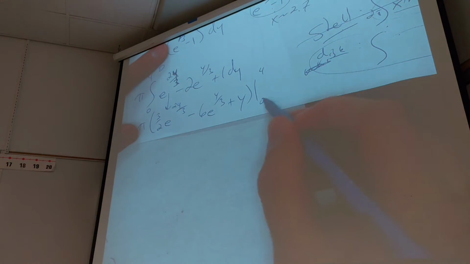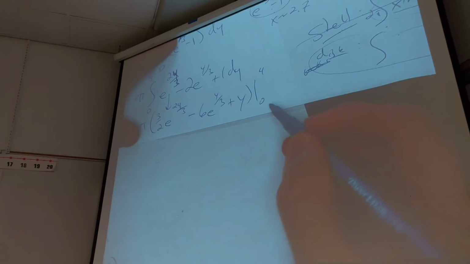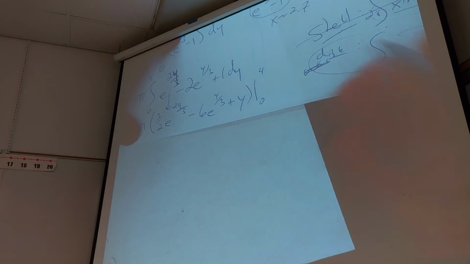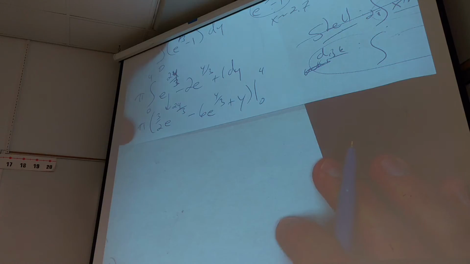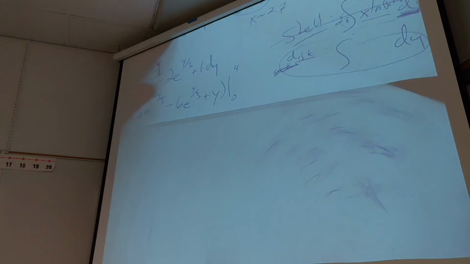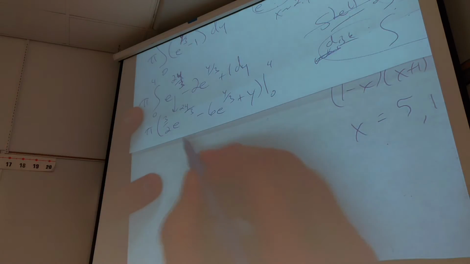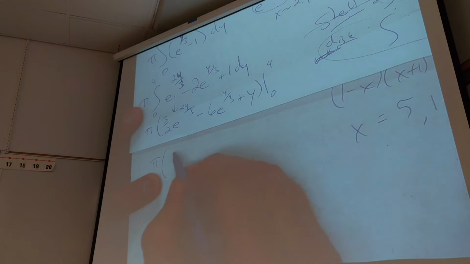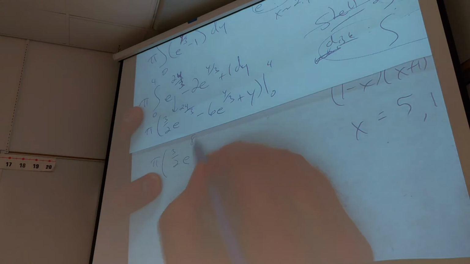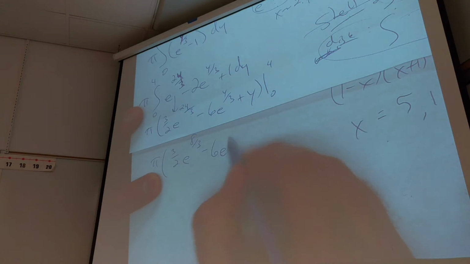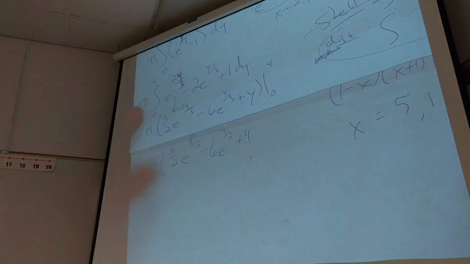And this is a good example of being careful when one of your limits is 0, it's not always going to go away. You have these stupid e's in there. So what do we get? We get pi in front of 3/2 e to the 8/3 minus 6e to the 4/3 plus 4.